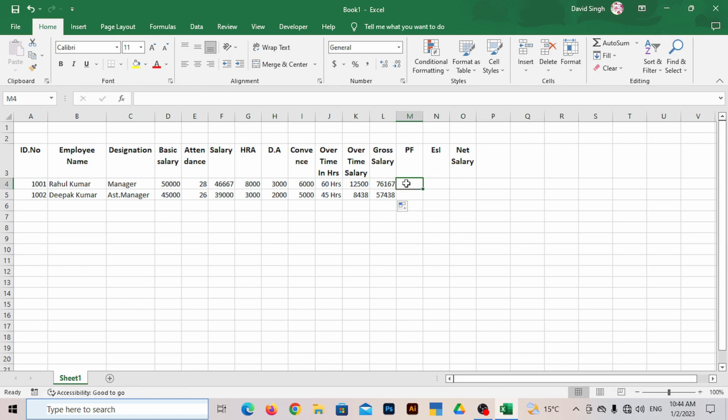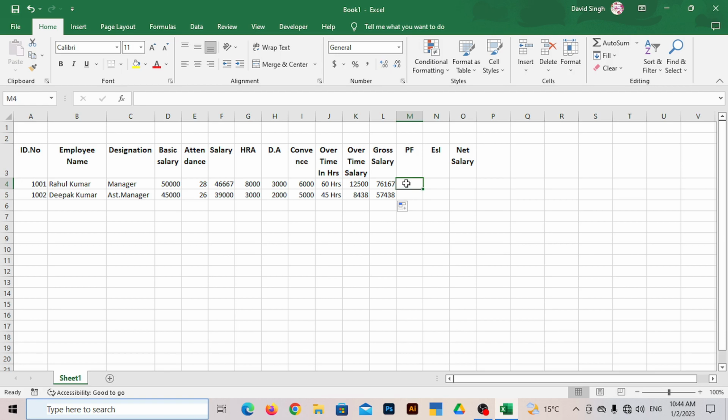And what is meant by PF? Now there are two things: the first one is the income for the employee, and the other one is a deduction. Here the PF is the provident fund.